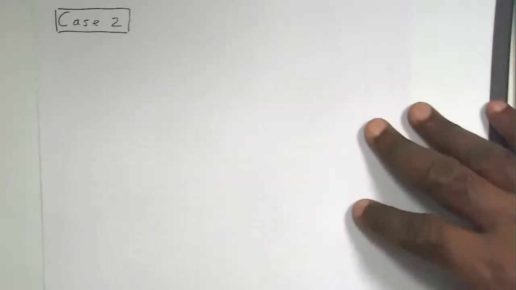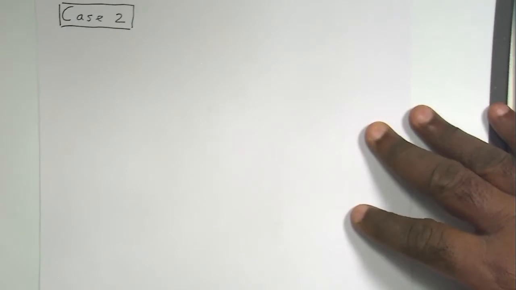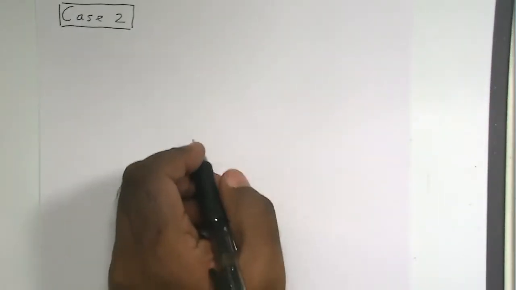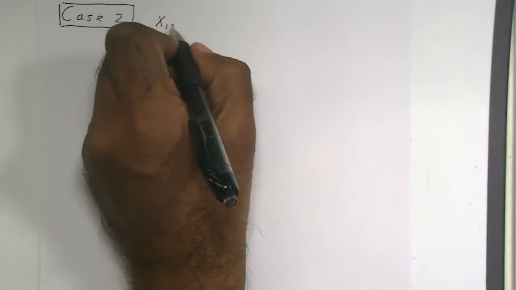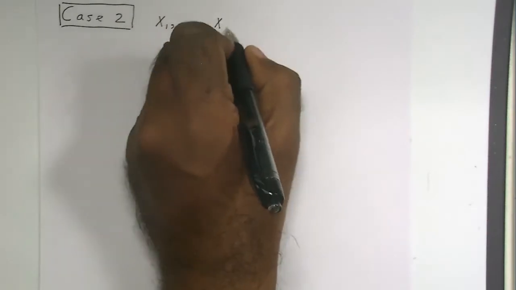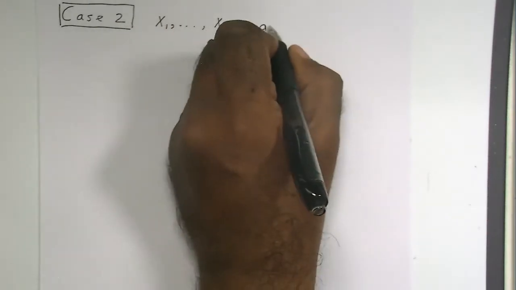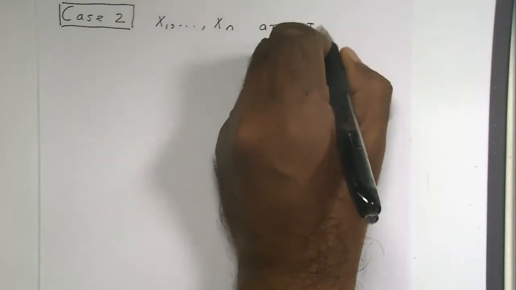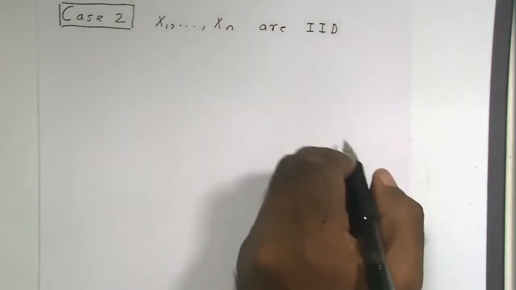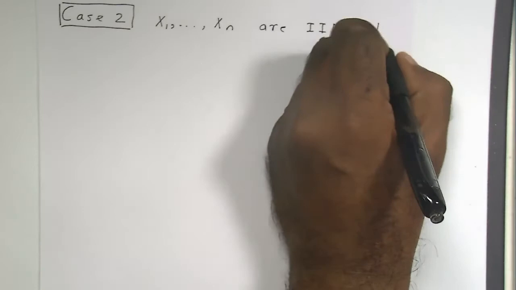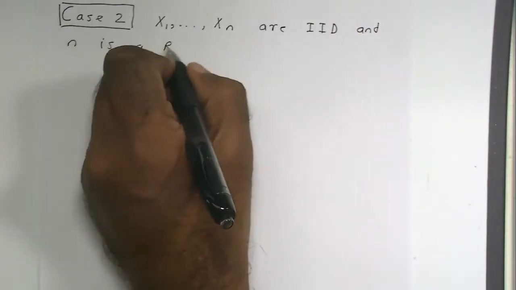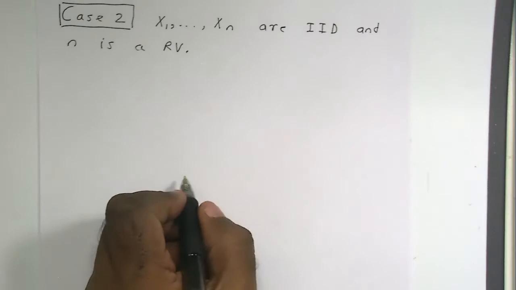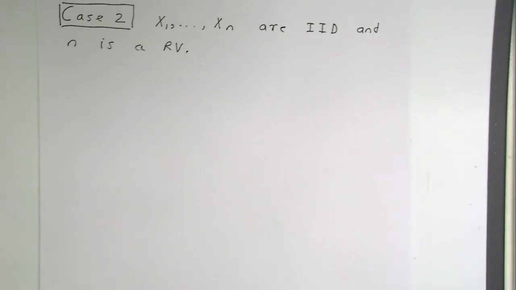Case 2 is where, remember, the losses X1 to Xn are IID, and n is a random variable. Okay, that's case 2.